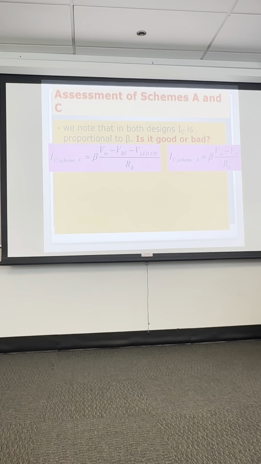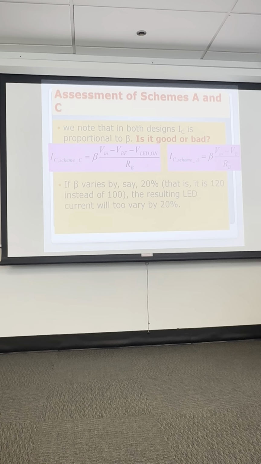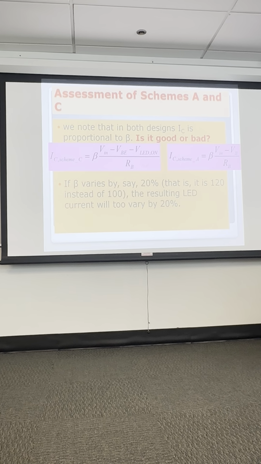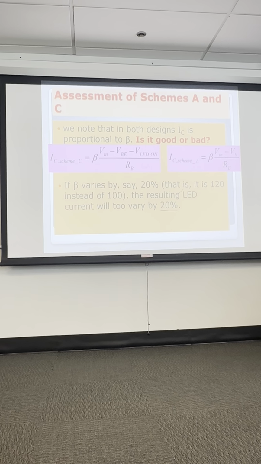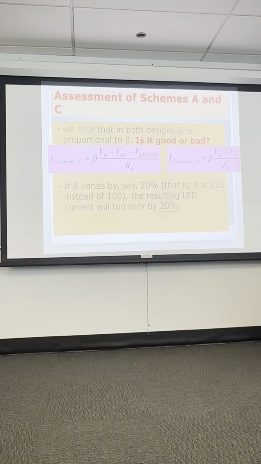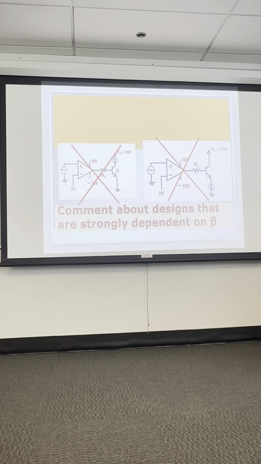So, the assessment of scheme A and scheme C: if beta varies 20%, that's 120 instead of 100, the LED current will vary by 20% also. So instead of 30 milliamps, it's going to vary by 20%.